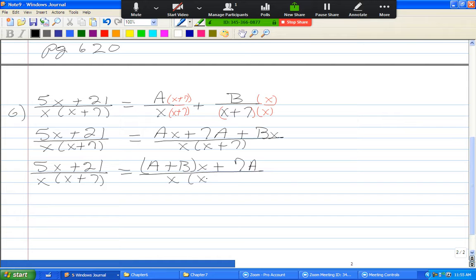I have the following. So now I must have that a plus b is 5 and that 7a must be 21, just equating the coefficients. Since the denominators are equal, the numerators must be equal. And since this is true for all x, then each of these coefficients must be equal. So from here, I get, well, a must equal 3. 21 divided by 7 is 3. And then, well, 3 plus b is 5, so b is 2.